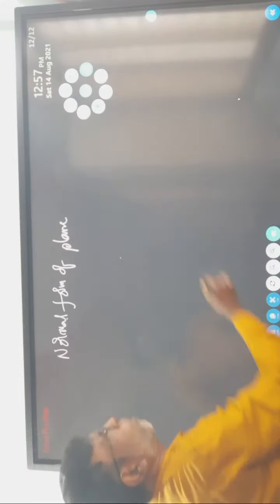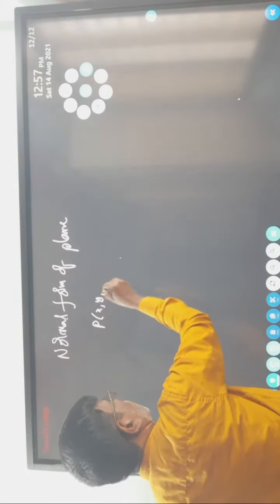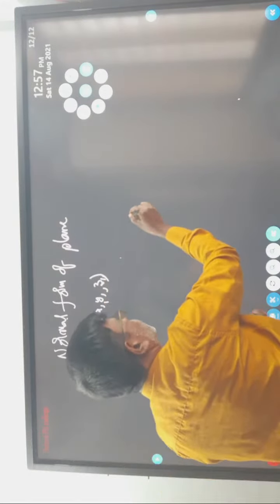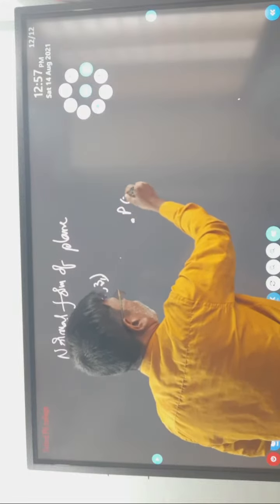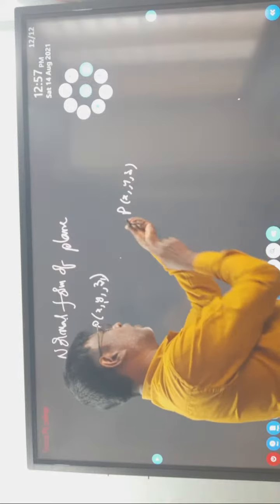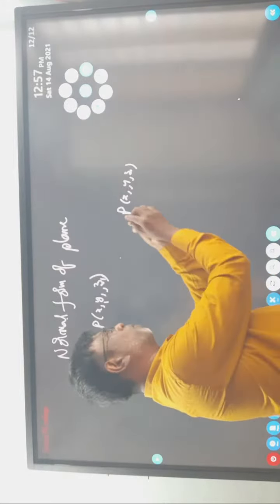Assuming the board is the plane, this plane is passing through a point P(x1, y1, z1). Here a, b, c are the direction ratios of the normal to the plane.